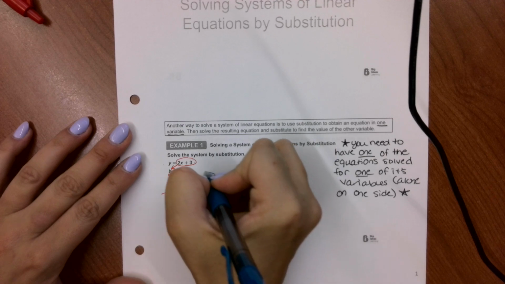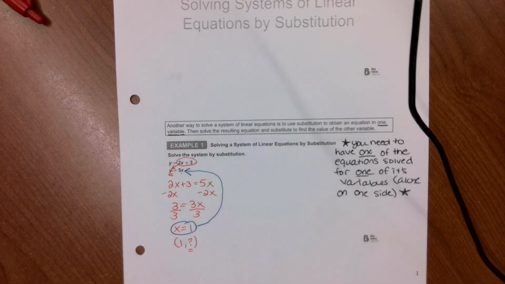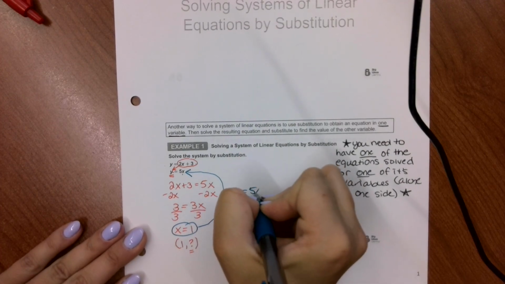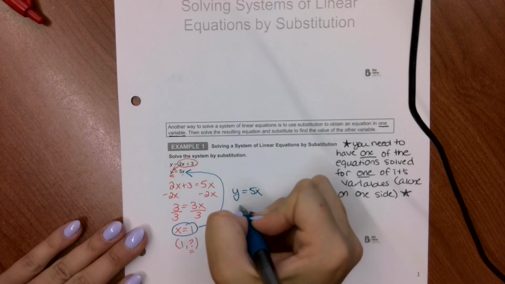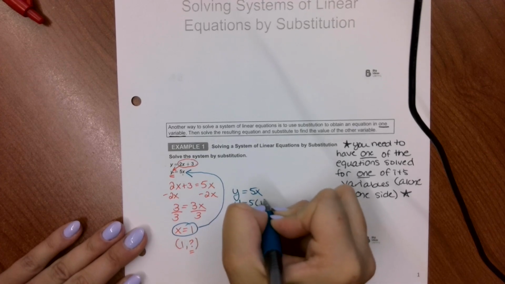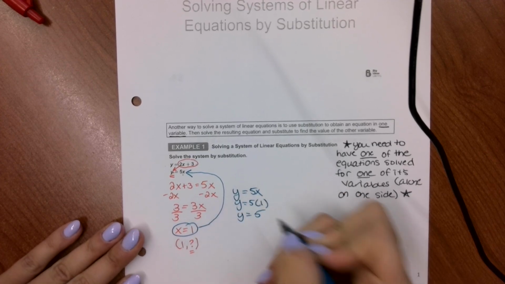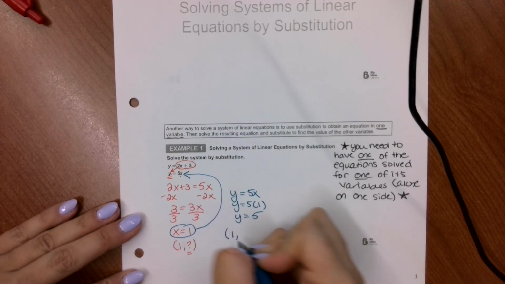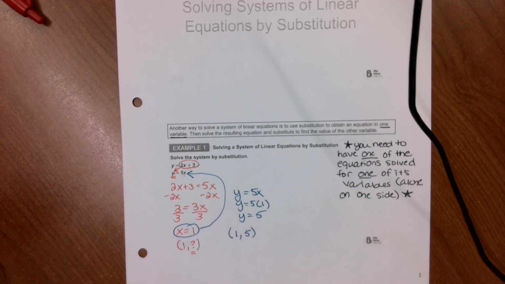I personally like the second one because it's smaller. I like to do the easy ones, whatever's going to make it go faster. So y is equal to 5x. I'm going to plug 1 in for x. Y is equal to 5 times 1. So y is equal to 5. That makes our point 1 comma 5.